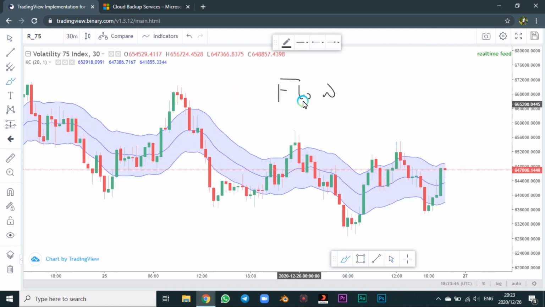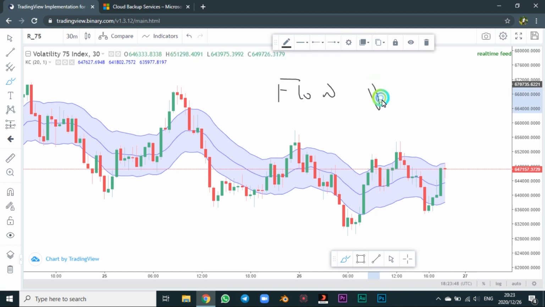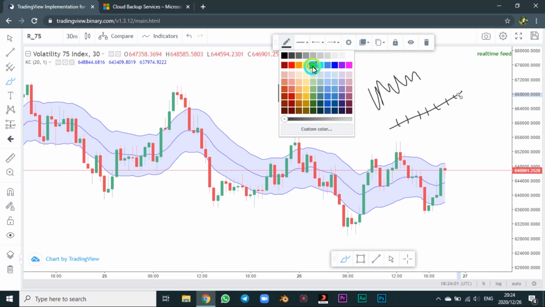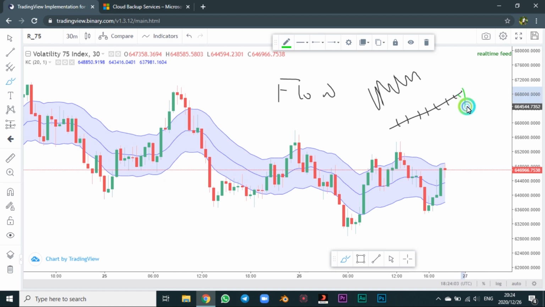Usually the flow is not in a manner of zigzag, but it can be candles moving in a straight line. Let's say this is a series of green candles going up, and the moment you see a different candle coming in, you know that this entire flow is broken.